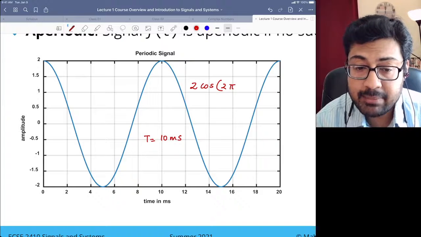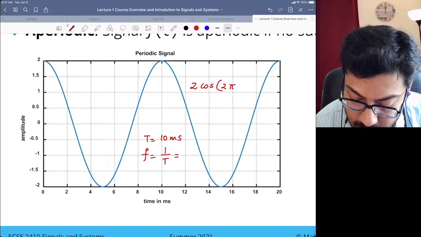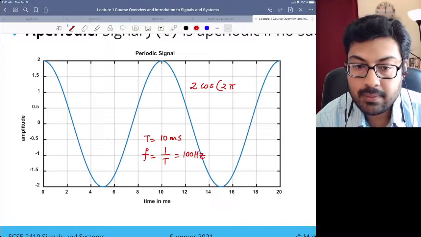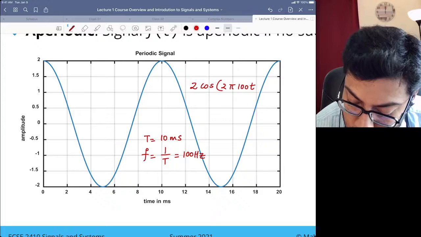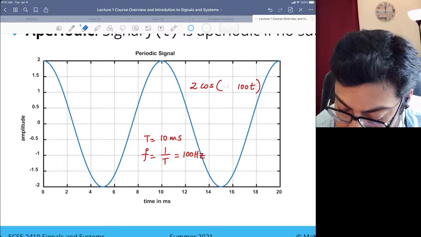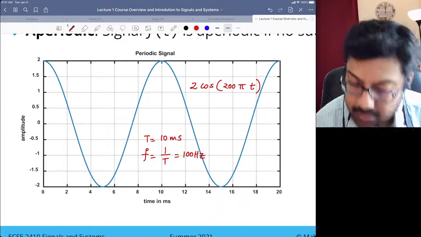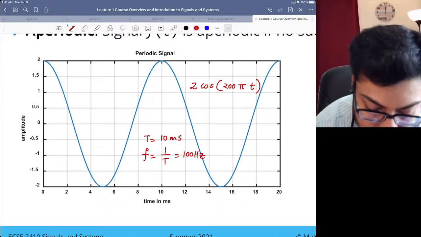If the time period is 10 milliseconds, the frequency is going to be 1 over T, which is going to be what? 100 hertz. So that means that this is going to be 2 pi times 100 t. Let me just write it as 200 pi t. Right, so that's the signal there, 200 pi t.